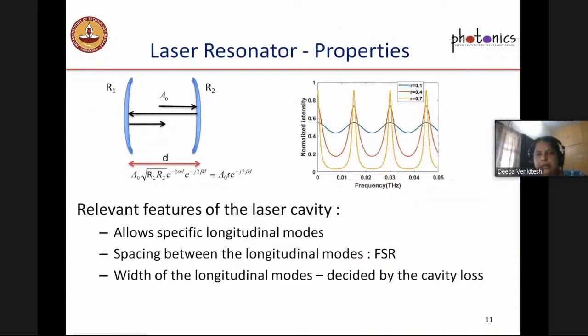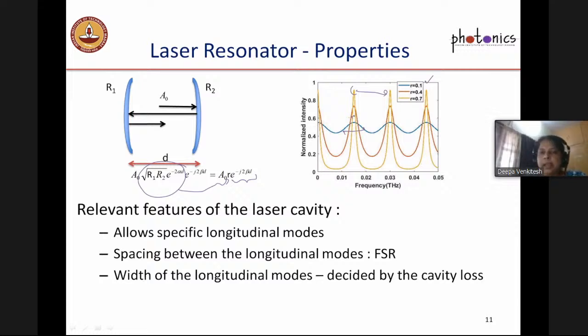To find that, I can write the transfer function of this system, and it turns out that the transfer function of the system is decided by the R. Now this R is all these things put together, I'm calling it R. So for differing values of R, the phase condition tells you that the spacing is fixed, whereas the gain condition actually tells you whether the allowed modes are broad or thin.